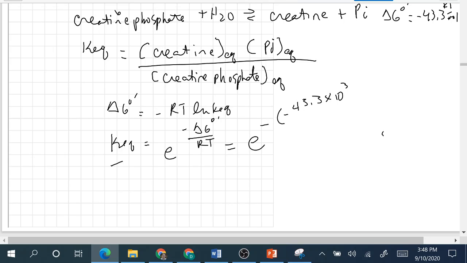Divided by 8.314 joules per mole Kelvin times 298. And so that KEQ is equal to 3.89 times 10 to the 7th in this case.